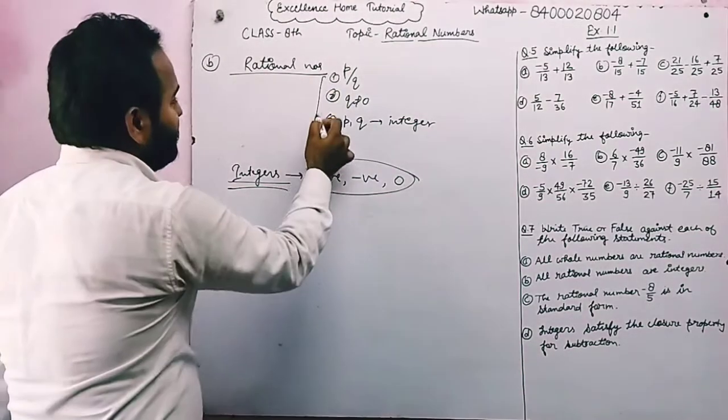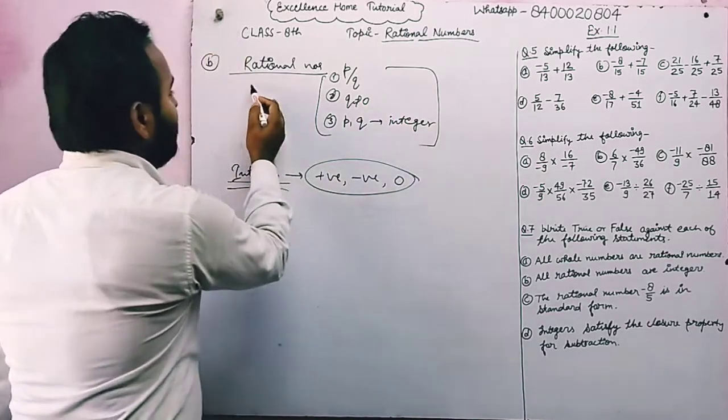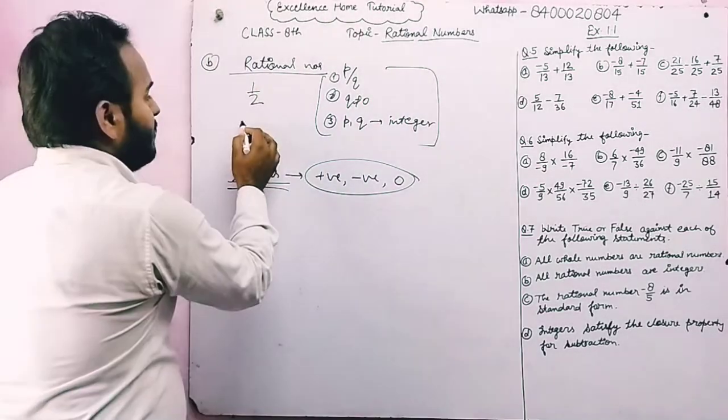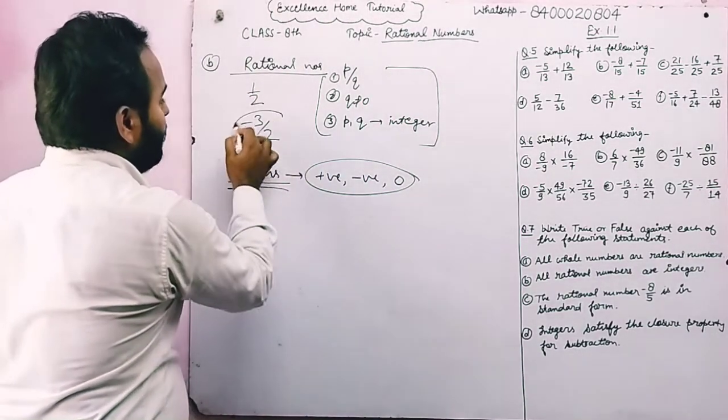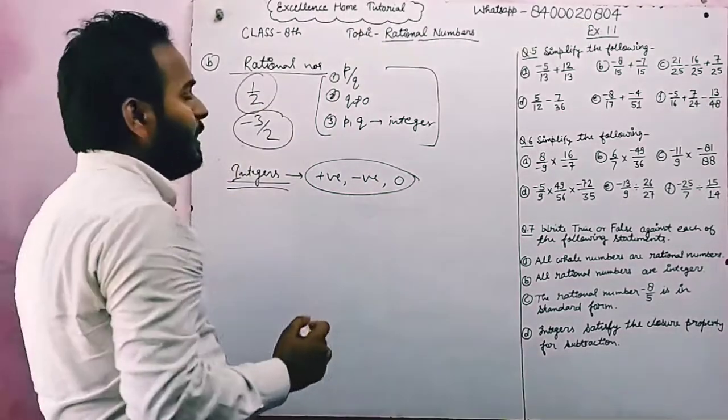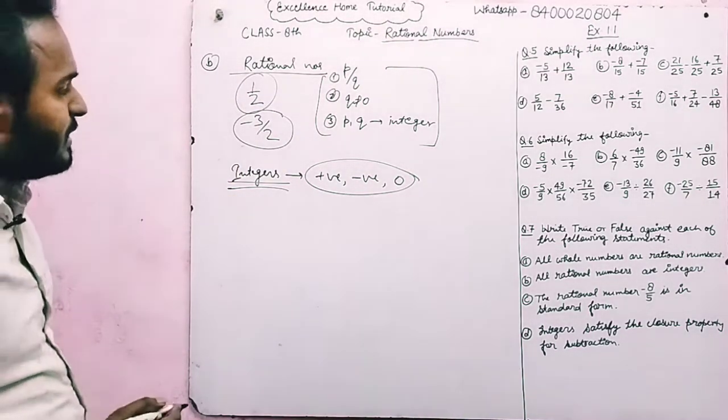So let's take some examples of rational numbers: 1 by 2, minus 3 by 2, okay, are examples of rational numbers.